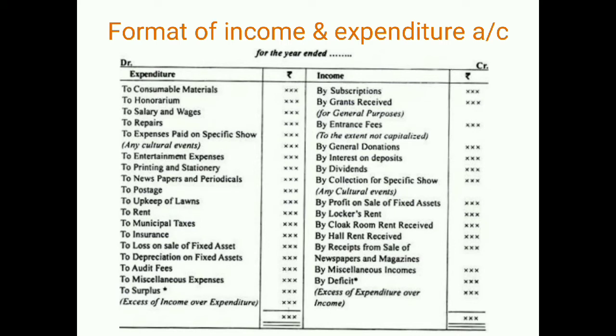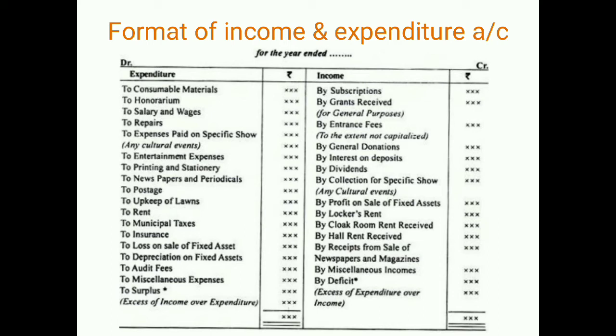My best suggestion, my first suggestion, and my last suggestion to you is to go through this format from top to bottom. Each and every single item should be learned by you, because if you know which item is on which side, then you can understand it very easily.